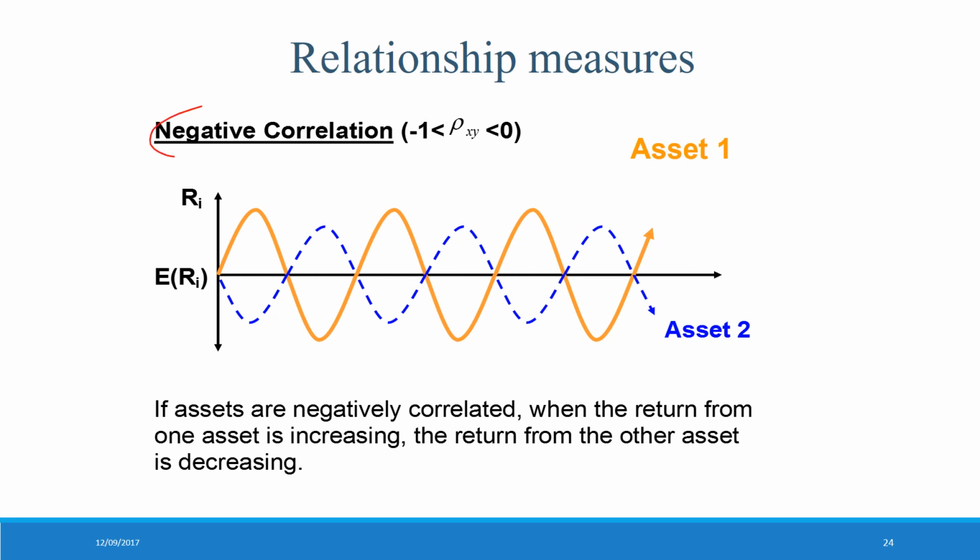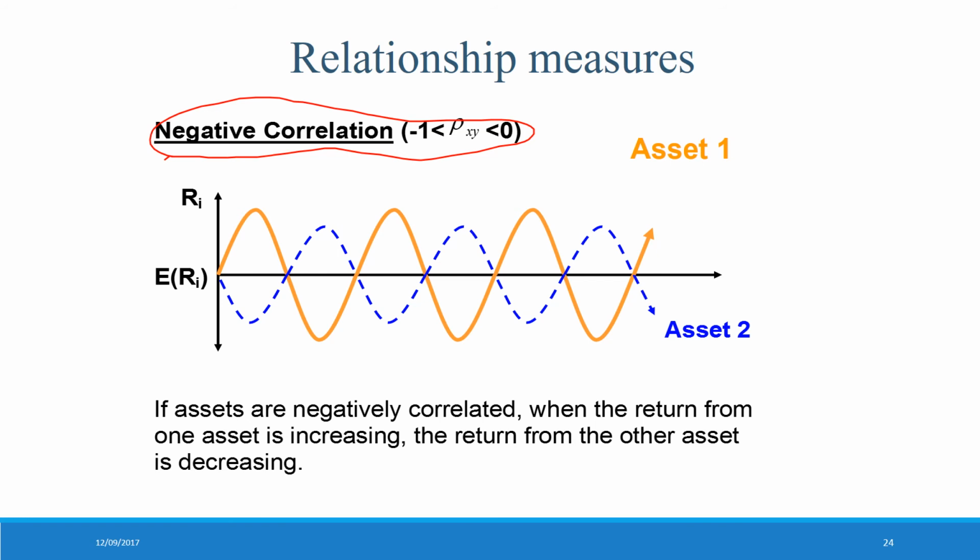If we have assets with negative correlation, this is how the asset returns would look. For these two assets, asset 1 and asset 2, we have a negative correlation with a very large magnitude. They tend to move nearly perfectly opposite each other.